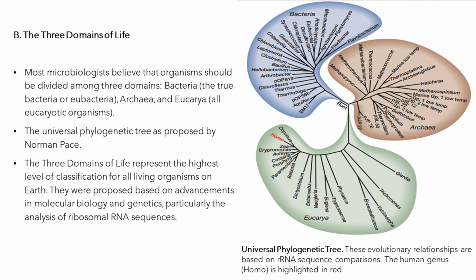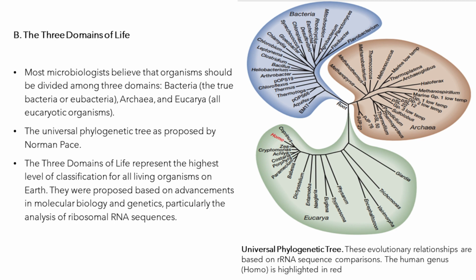Most microbiologists believe that organisms should be divided among 3 domains: bacteria, archaebacteria, and eukarya. The universal phylogenetic tree, as proposed by Norman Pace. The 3 domains of life represent the highest level of classification for all living organisms on the earth. They were proposed based on advancements in molecular biology and genetics, particularly the analysis of ribosomal RNA sequences.